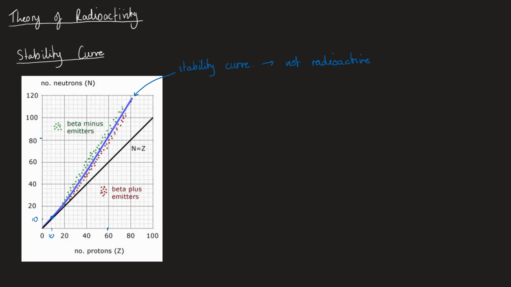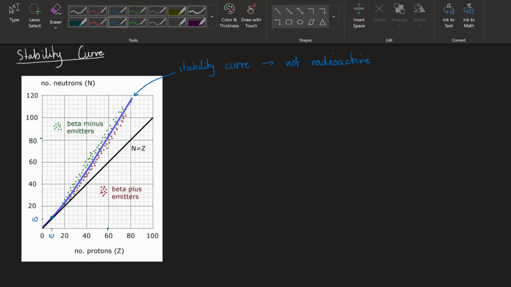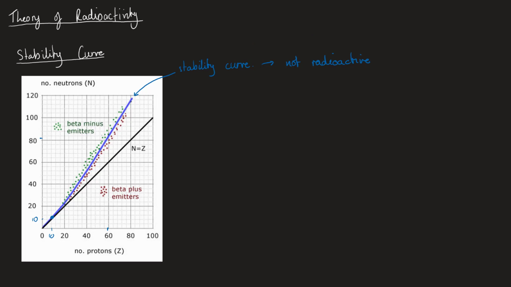Now, we then have these dots, and all of these dots are isotopes that we have found, and these have already been labeled on the diagram as the beta minus emitters and the beta plus emitters. Let's first go through the beta minus emitters. So let's switch to green to be consistent: anything above the stability curve emits beta minus.